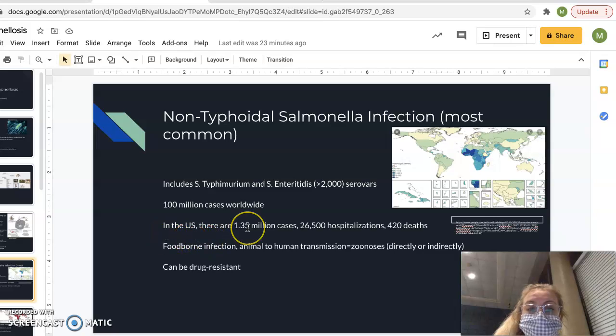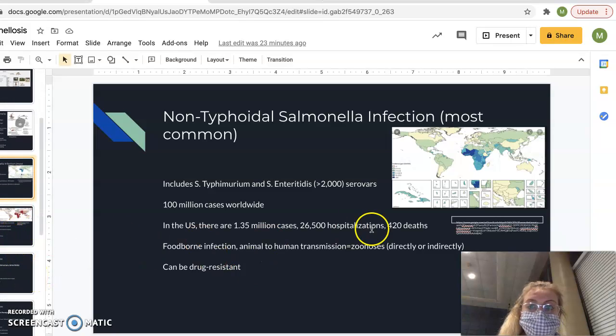This is mainly a foodborne infection, so animal to human transmission, which is basically zoonosis, and it can be transmitted directly or indirectly, like through fecal matter, and it can be drug resistant. Here's also a map that shows the incidence of non-typhoidal Salmonella.